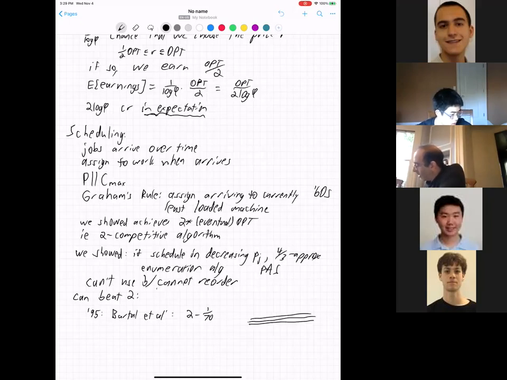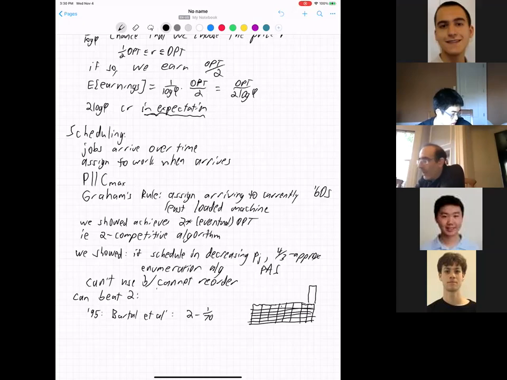What we did was we sent in a tremendous number of really tiny jobs, which Graham's rule was going to schedule evenly on all of the machines, right? And so it's basically optimal for this collection of tiny jobs. But then at the last moment, we would send in a job that was as tall as the average, and there wouldn't be any place to put it. So it would just have to be stacked on top, and that would give us our ratio 2.